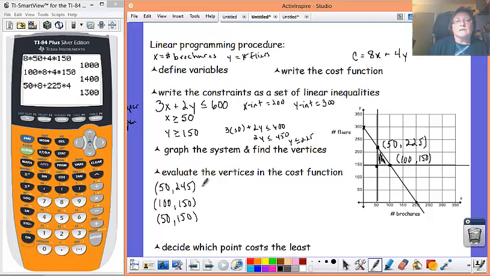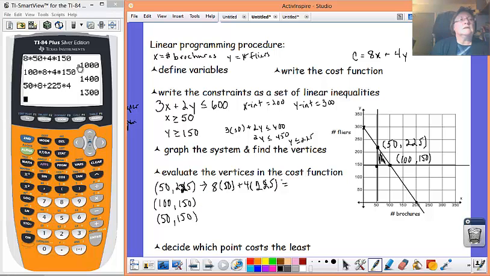For each of our points, we have to put its coordinates into the function 8 times the x plus 4 times the y. 50, 225. That should be a 2. Let's see.